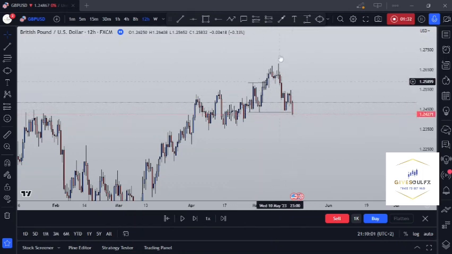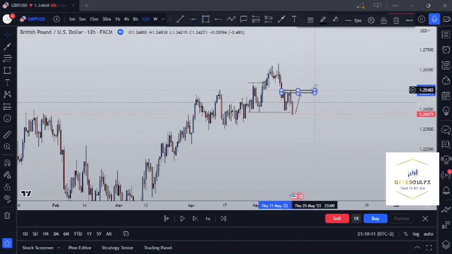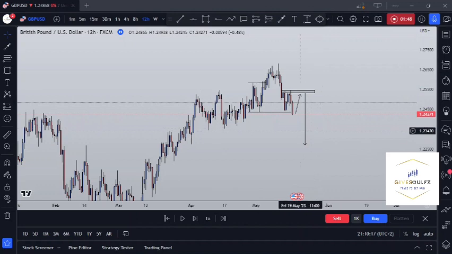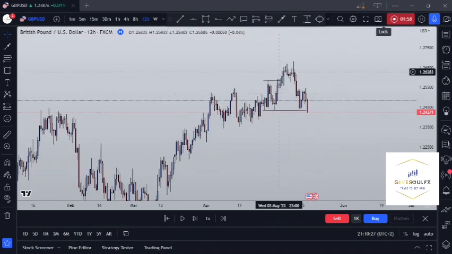If price breaks this low here, I know eventually that price will go back high, retrace this, will eventually go high and take profit on this level before continuing moving back to the downside. So this money concept helps you to spot the liquidity within the market.